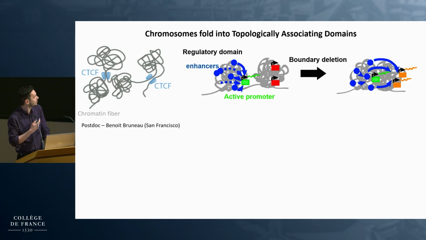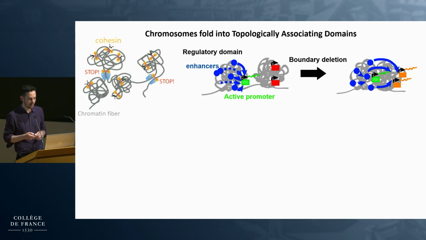Things really started to make sense when we realized that CTCF certainly does not act alone. The molecular function, as we understand it today, of CTCF is to block the looping activity of this cohesin complex that I'm going to describe in greater detail in a second. So cohesin can only loop things that are inside the same TAD and cannot reel past a CTCF site, therefore only packaging together sequences that are flanked by the two CTCF sites.